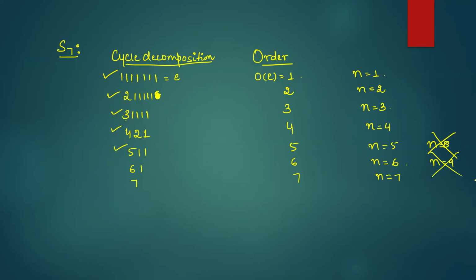Now, n equals to 10. n equals to 10 के लिए अगर मैं साइकिल डिकम्पोजिशन को 5 and 2 ले लूं, if this is the cycle decomposition, then the order of the element is LCM of 5 and 2, which is 10. So as order 10 का element है, therefore the value of n here is equals to 10.